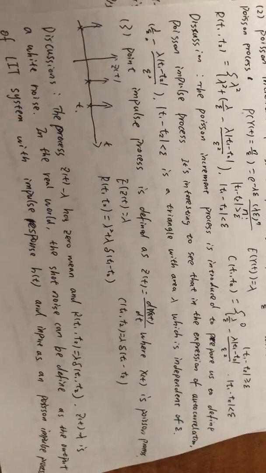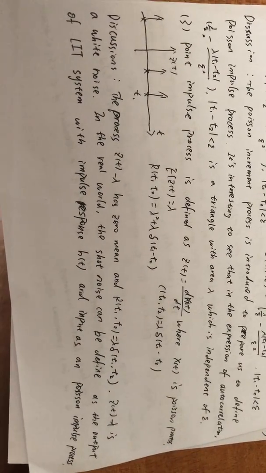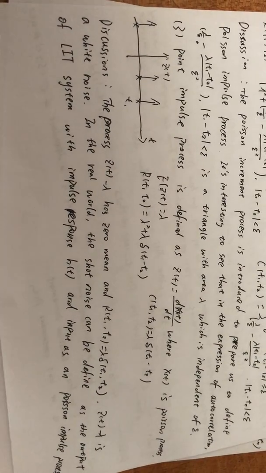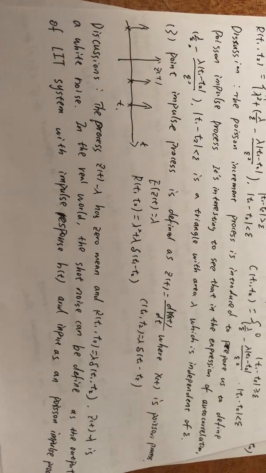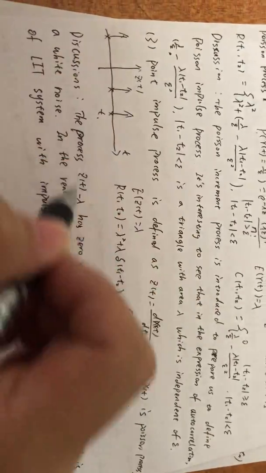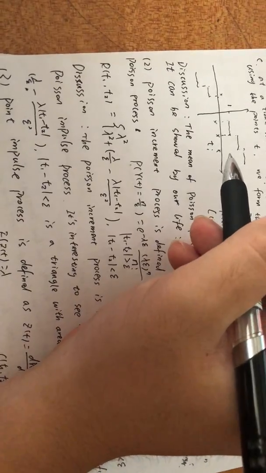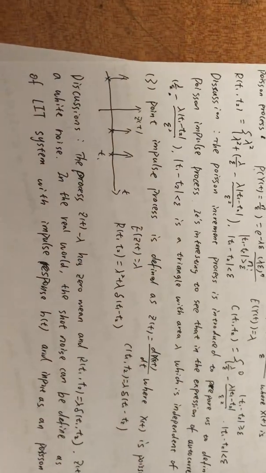And let's see the third one. The Poisson impulse process is defined as z(t) equal to the derivative of x(t) with respect to time, where x(t) is the Poisson process, and we can easily see the graph and the response to this one, because this is a derivative.